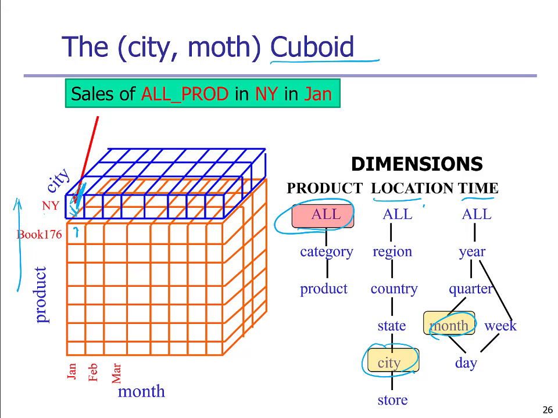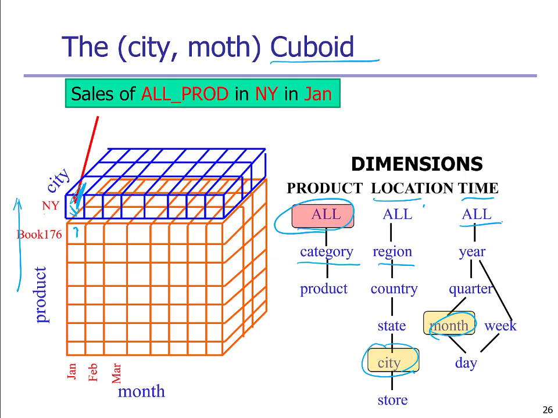And you can easily create other cuboids, for example, the one corresponding to category, region, and all. You can do it flexibly. Okay.